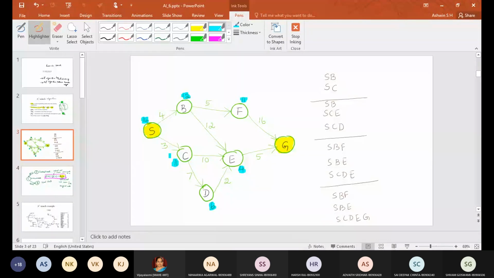Even the actual cost is given here: 4, 5, 16. This is the actual cost to reach from one node to the other. This much data or information should be supplied whenever you are given a graph or a tree.